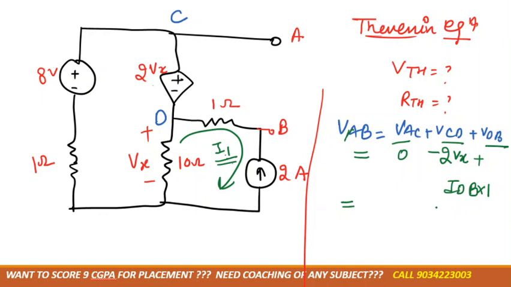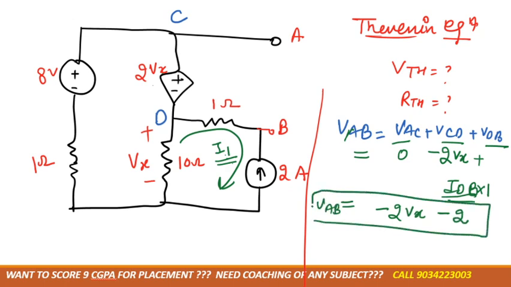Minus 2. So IDB is basically minus 2, right? So it would be minus 2. This is the value we got for VAB, right? No, see, I told you VDB is how much? IDB into RDB.